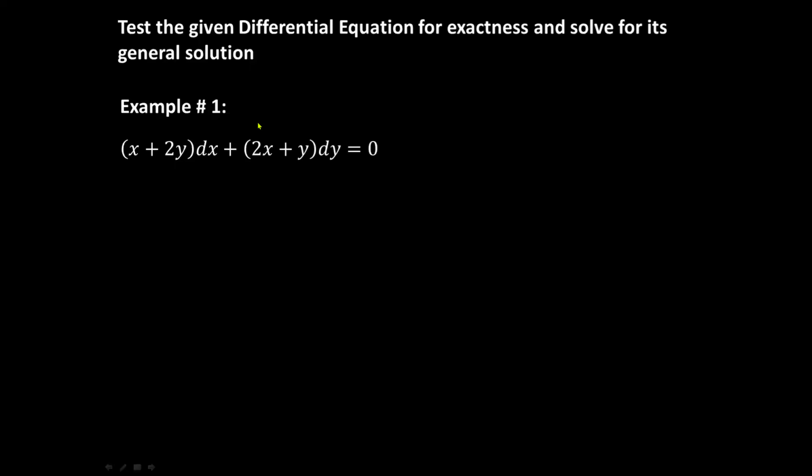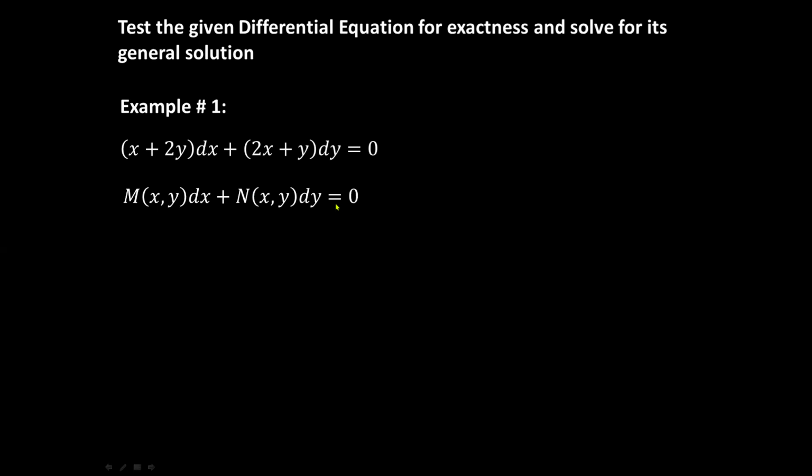So, hahanapan natin yan ng general solution. But before we proceed to that, bago natin mahanap ang kanyang differential equation or general solution, kailangan muna nating i-test ang kanyang exactness. Now, by doing that, we will apply this general formula: M of x,y dx plus N of x,y dy is equal to 0.